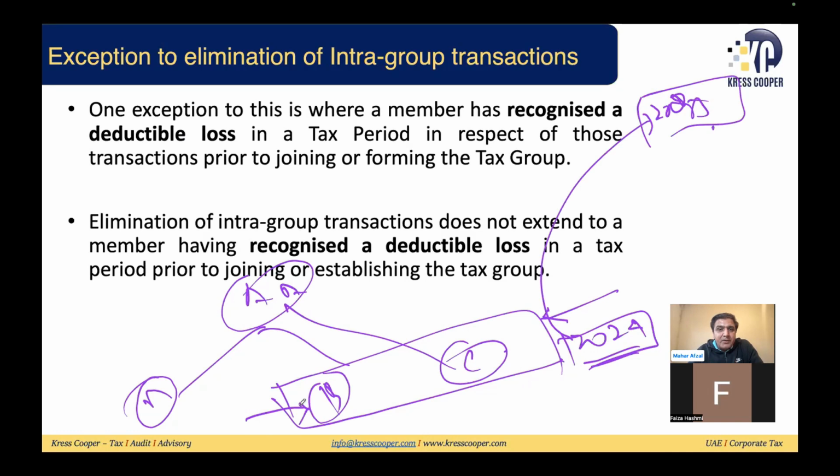So before entering into the tax group, there was one transaction between B and C. Both of these have entered into the tax group. Due to this transaction, there was a deductible loss to B. Now, once they are part of the tax group, they will carry forward their losses.